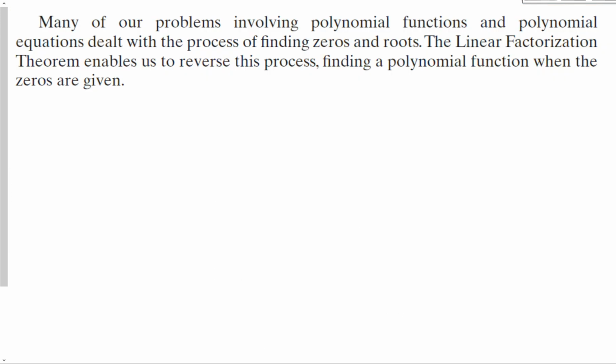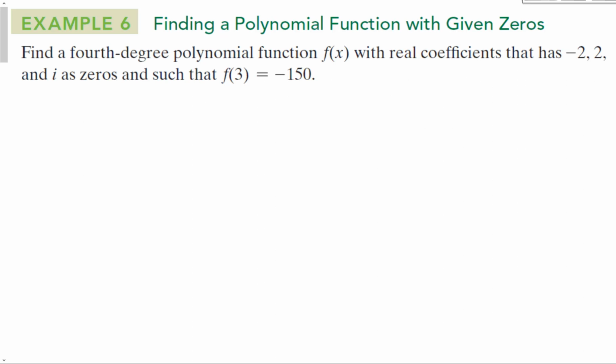So many of our problems involving polynomial functions and polynomial equations have dealt with the process of finding the zeros and the roots. The linear factorization theorem enables us to reverse this process and find the polynomial. So with this function, I have a fourth degree polynomial with real coefficients that has -2, 2, and i as a zero.